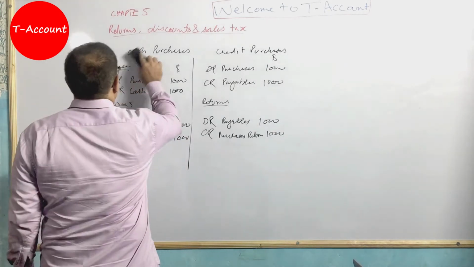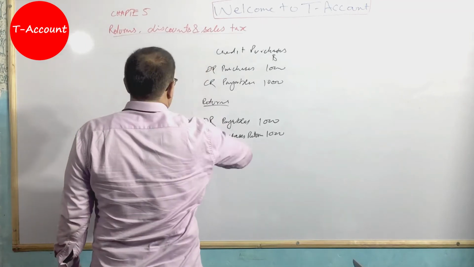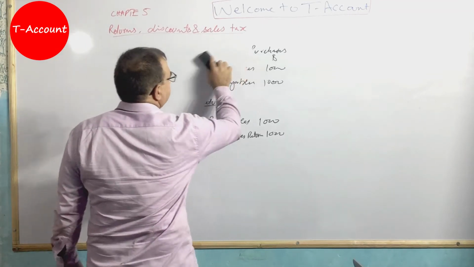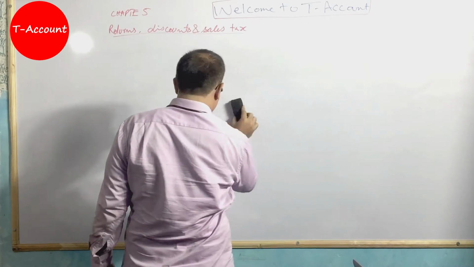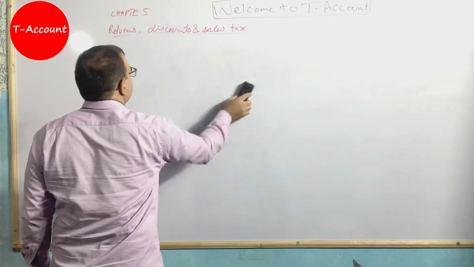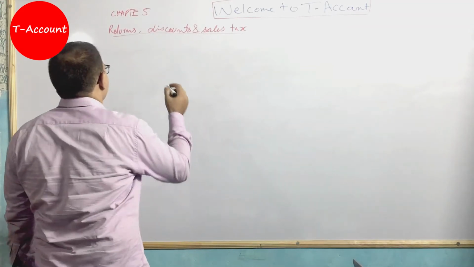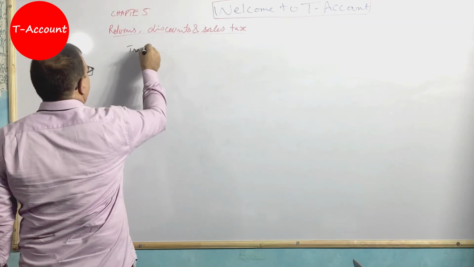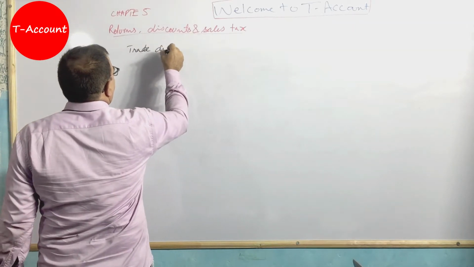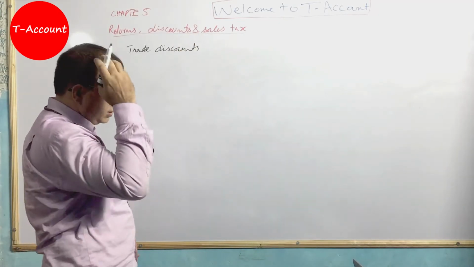Let's go to discounts now. Two categories of discounts. Hopefully you are a little bit aware of that, but even if you are not, we'll deal with that. First of all, we have trade discounts. What is trade discount?